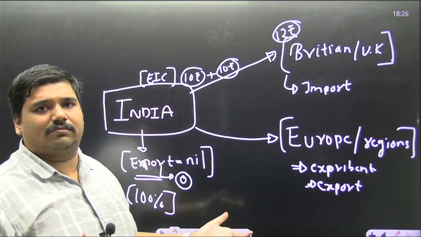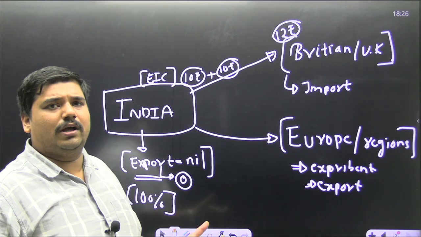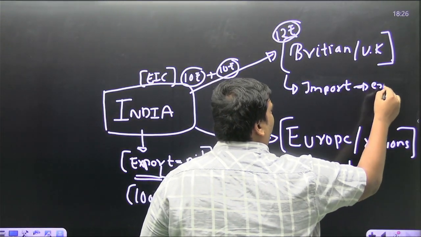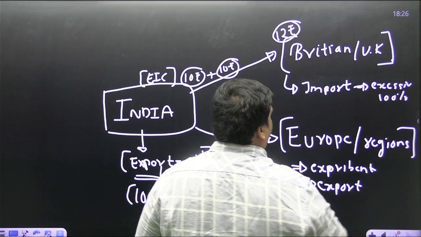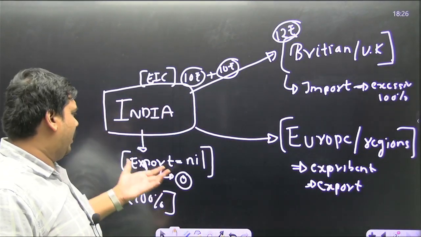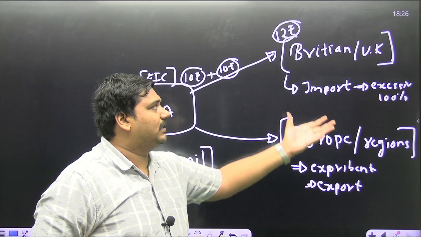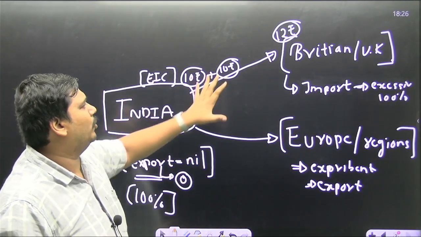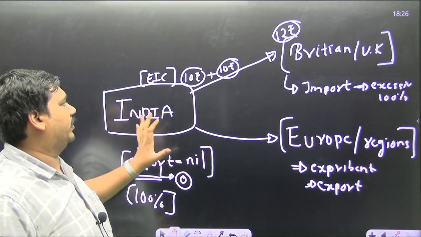For other traders, for private traders who wanted to trade to Europe, the import duty was also excessive, say again 100%. So if an Indian merchant wanted to trade to Europe, that is the region other than the United Kingdom, they would have to pay 20 rupees, 10 rupees as an export duty.